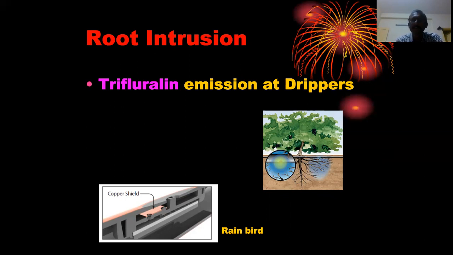In order to overcome this issue, manufacturers impregnate the drippers with a chemical called trifluralin. This chemical is constantly emitted from the drippers, and if a root comes and touches the dripper, it gets burnt. But it's a very bad idea.